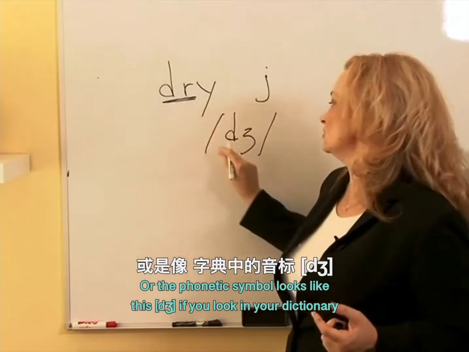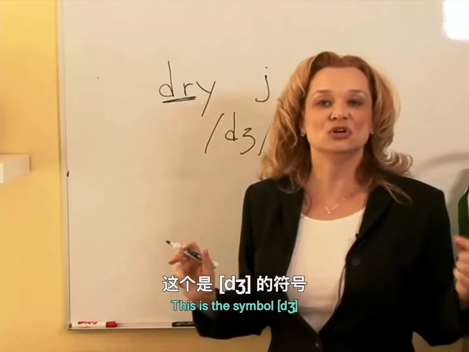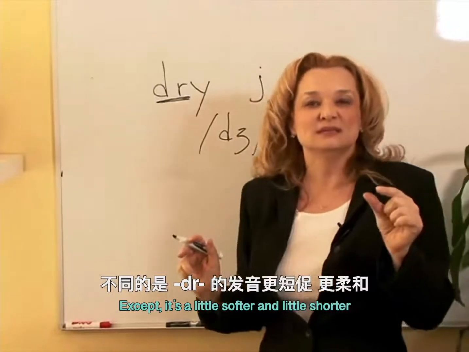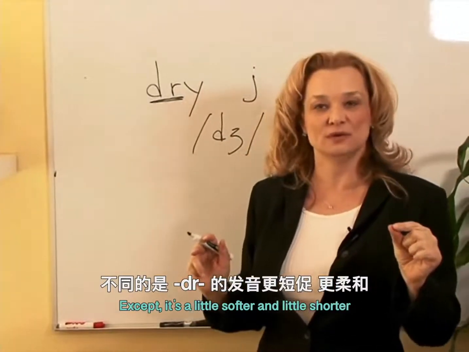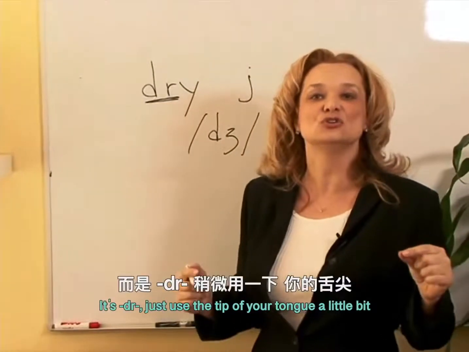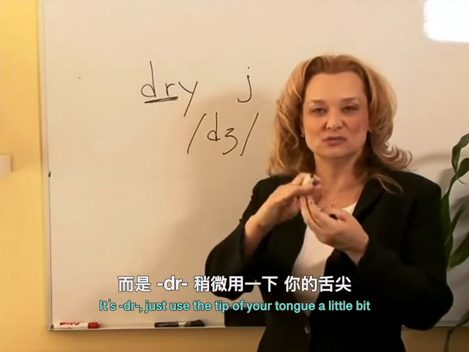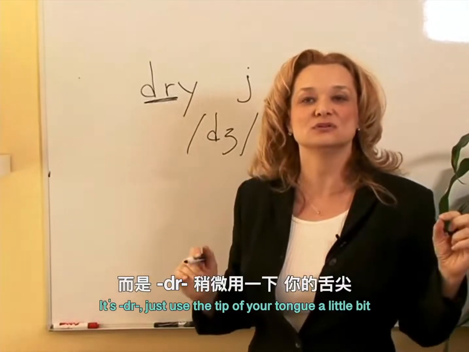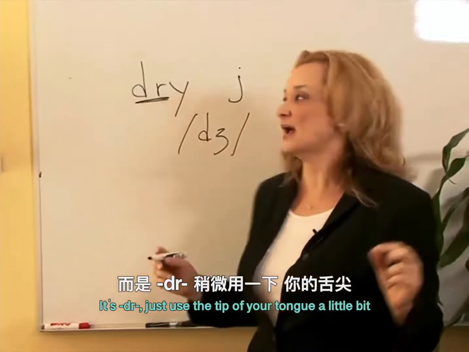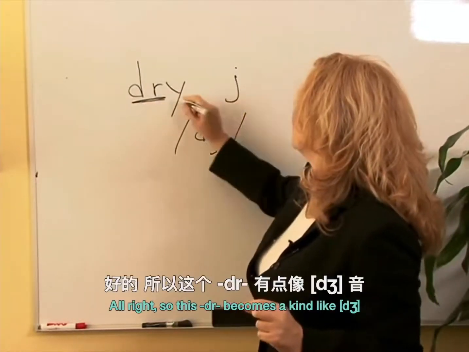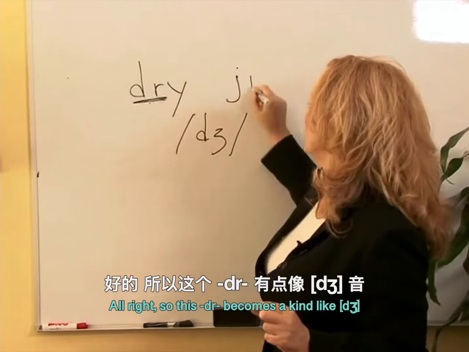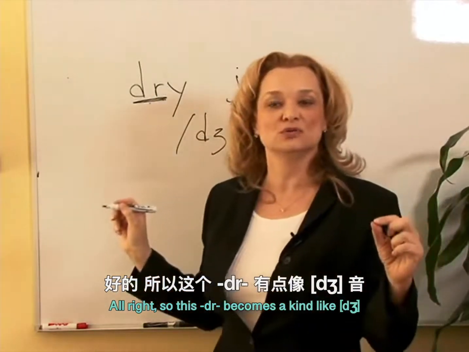If you look in your dictionary, this is the symbol. It's j, except it's a little softer and a little shorter. Just use the tip of your tongue a little bit. Dry. All right?